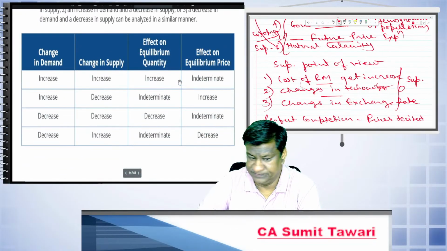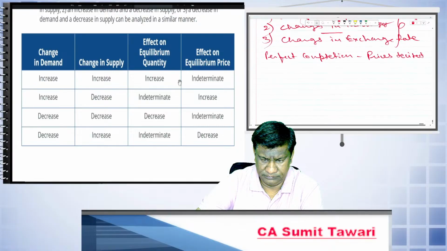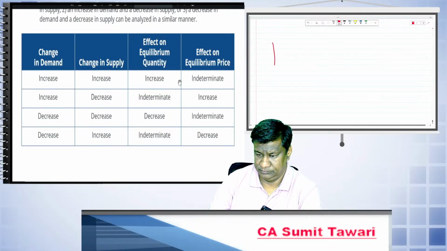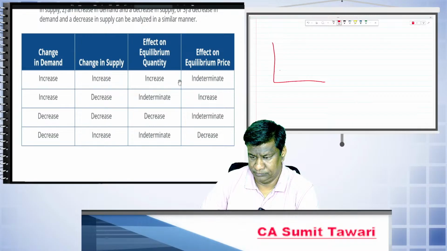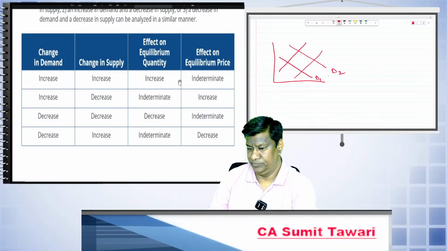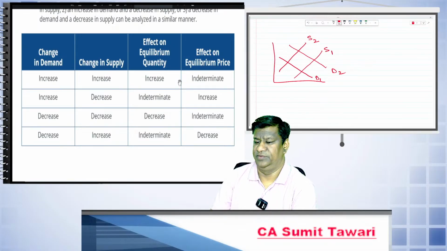Now this chart we need to see. This is D1, D2, and then S2, S1.